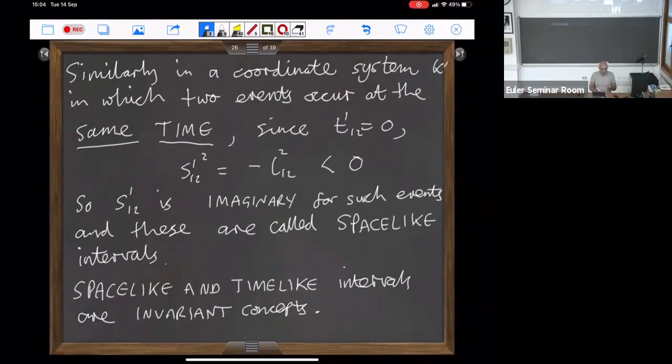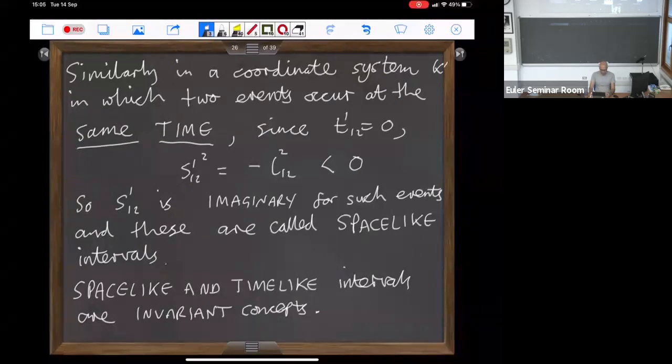Then T12 prime is 0, and the interval squared is minus L12 squared, which is clearly less than 0. So the interval for such events is imaginary. And these intervals are called space-like intervals. Okay?